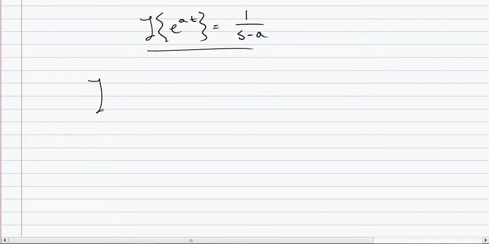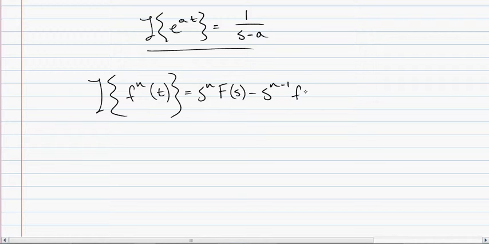So we can just say that the nth derivative of the function is going to be equal to s to the n big F of s minus s to the n minus 1 f of 0 minus s to the n minus 2 f prime of 0, and then that keeps going all the way until there's no more s's left, and you get to f to the n minus 1, the n minus 1th derivative of f of t.